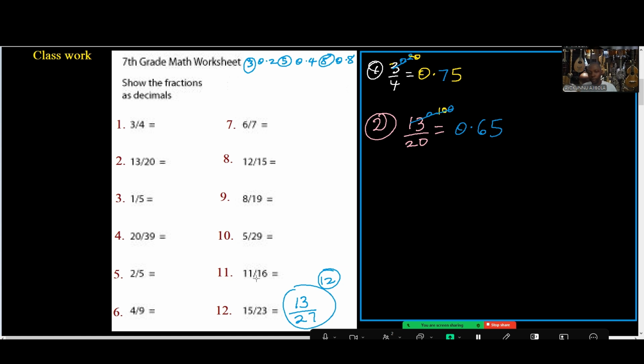I'm going to remove this one to do it up here. Since you were particular about that number 12, you have 13 over 27 to deal with while I'm going to work on this one for you.